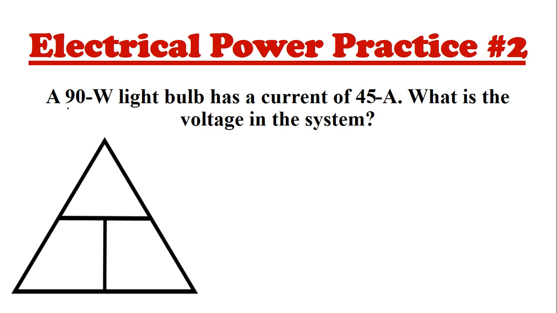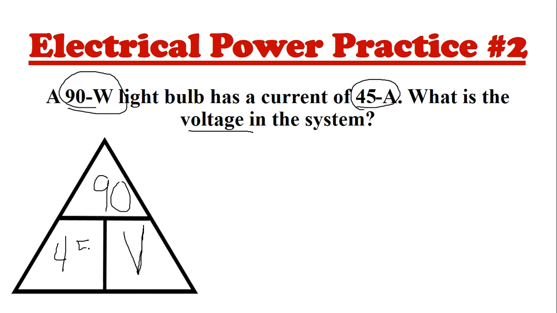All right, a 90-watt light bulb has a current of 45 amps. What is the voltage of the system? So according to this, we're trying to find voltage, and voltage is V, and we place V right here. At the top goes our power, and that is 90. We know that because of the watts. And the current is 45.